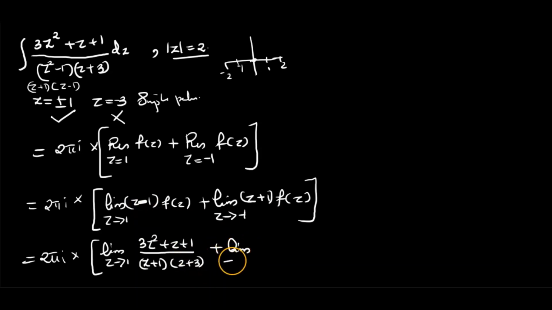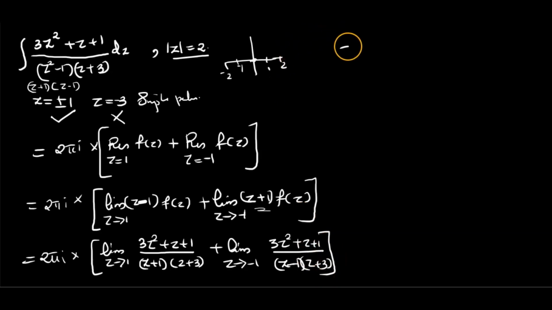And limit z tends to minus 1 of (3z square plus z plus 1) divided by (z minus 1) into (z plus 3), as z plus 1 cancels.